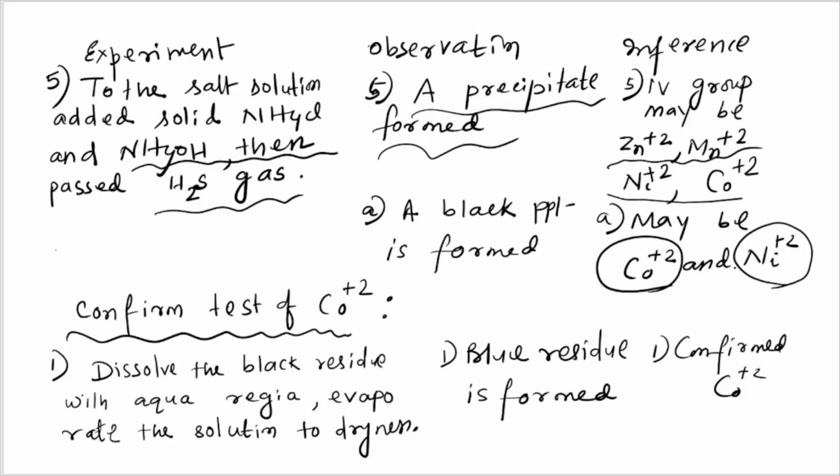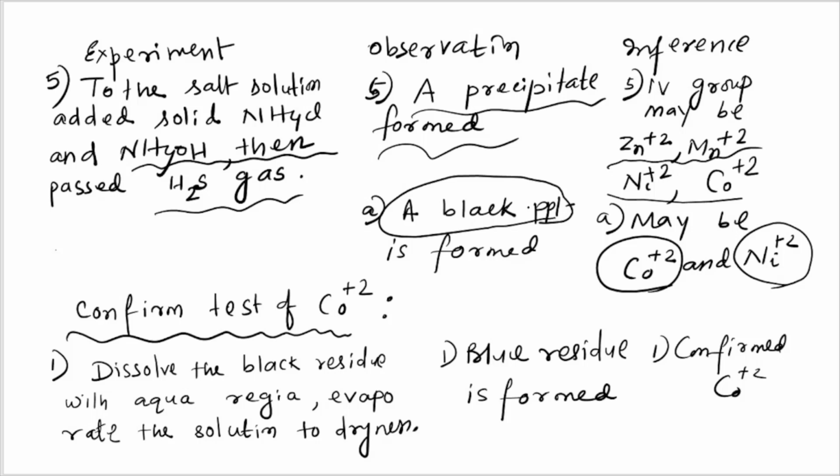Then do the confirmatory tests one by one for Co+2, that is cobalt+2, and Ni+2, that is nickel+2. First we will do the confirmatory test for Co+2, cobalt+2. The black precipitate that is formed should be dissolved in aqua regia, 3 parts concentrated HCl and 1 part concentrated nitric acid.